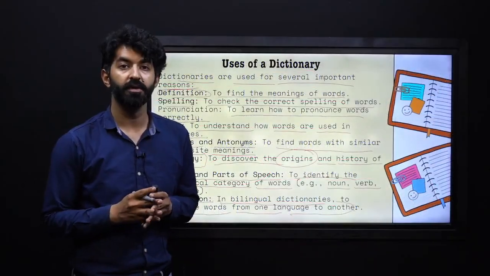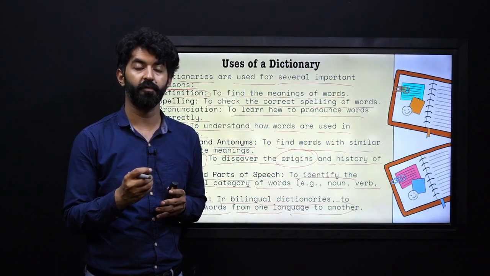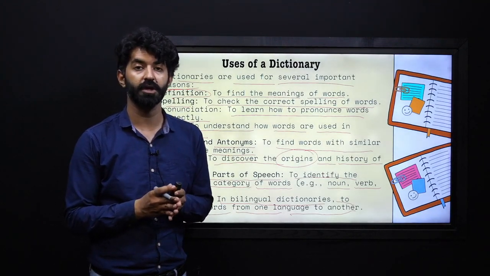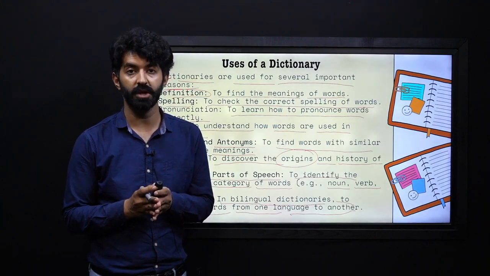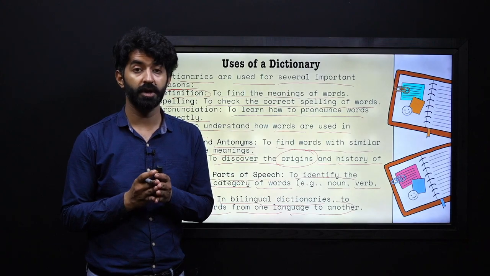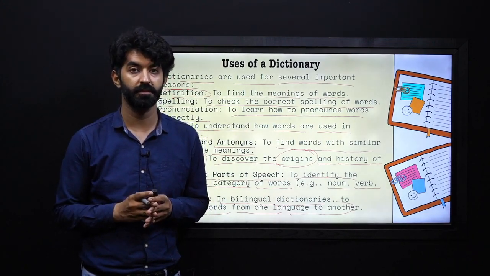So these are different reasons for using dictionaries. We can also look up for the meaning and also the translation. If we are using an English to Urdu dictionary, you can look up the meaning in Urdu also. So now we know that there are several reasons for using a dictionary.